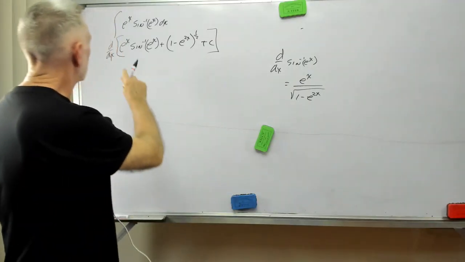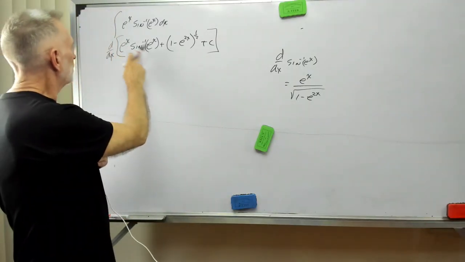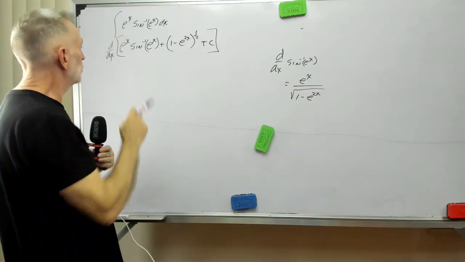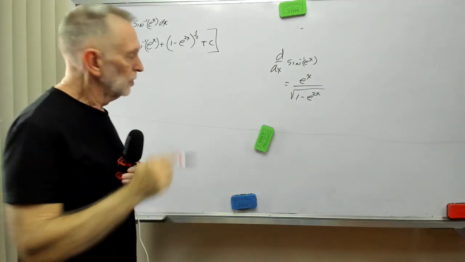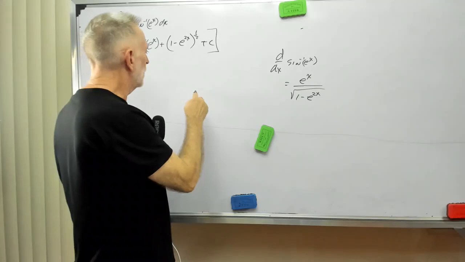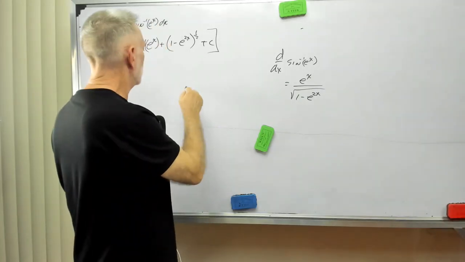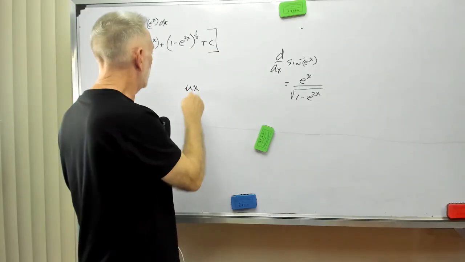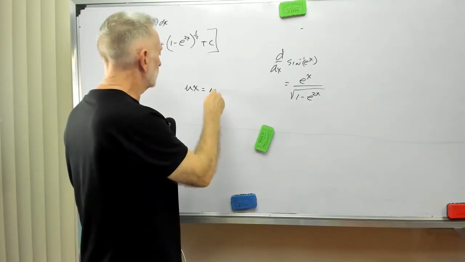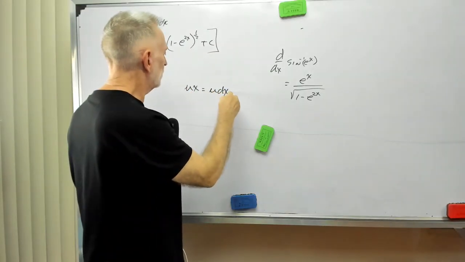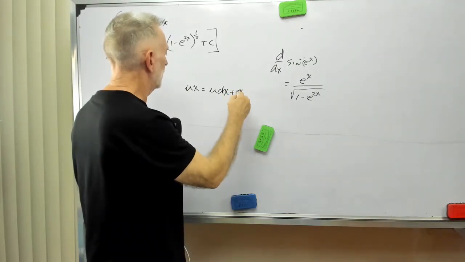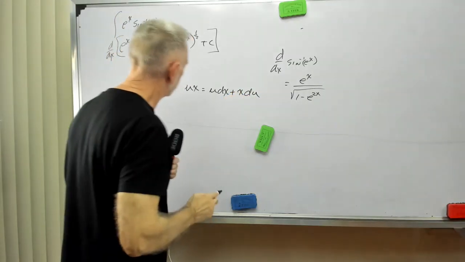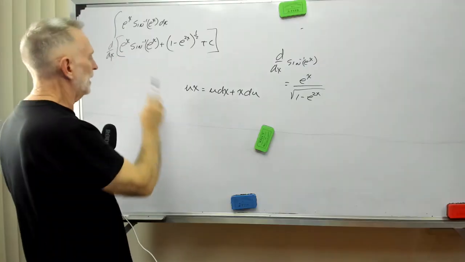When we're taking the derivative of this, there are two x terms here. So for the derivative of a product, it's the first one times the derivative of the second one plus the second one times the derivative of the first one. That's what I have here.